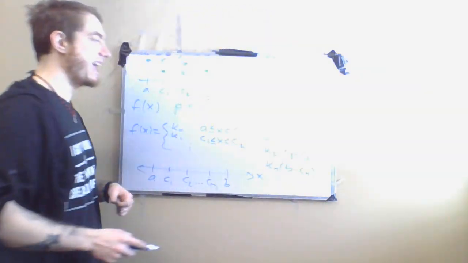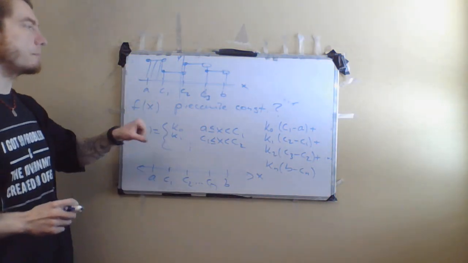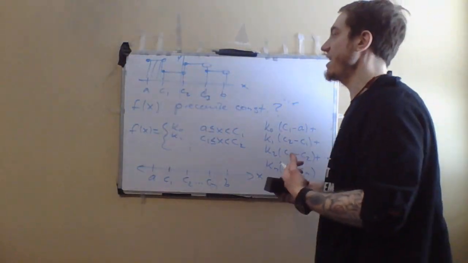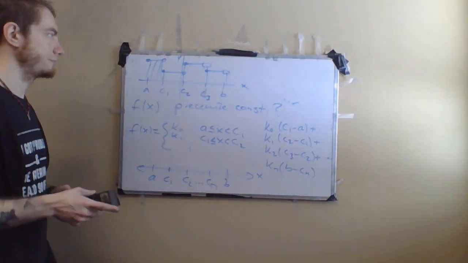I don't know why I put a k there. Let's put an n. kn times b minus cn. Okay, so we just add up the areas of all these rectangles. So in this case, the answer is fairly simple.